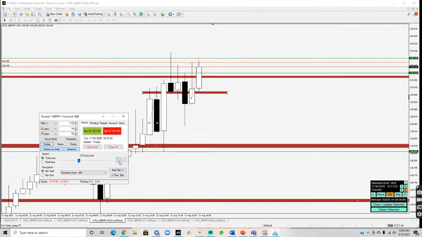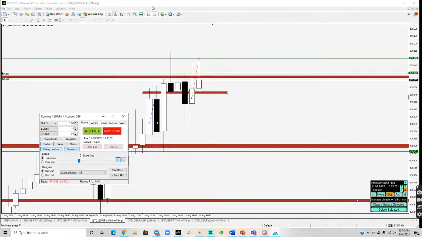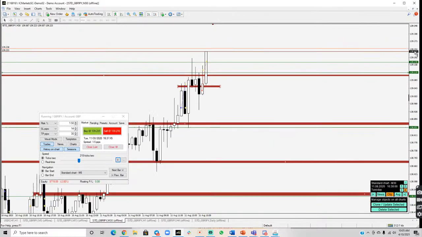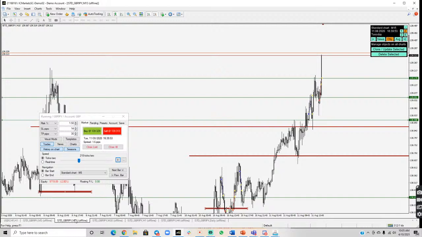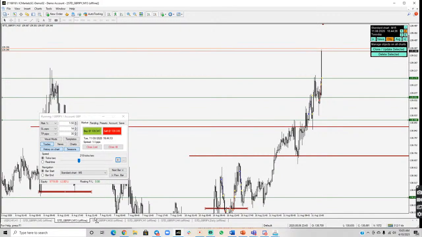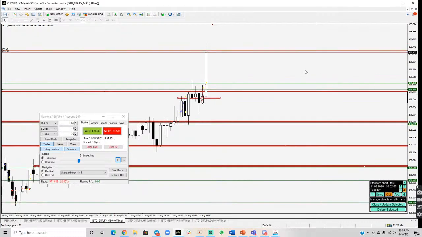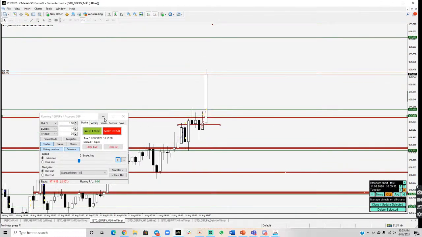Yeah. So price is just pretty much playing around at this moment. Wow. There is actually no confirmation for that price.